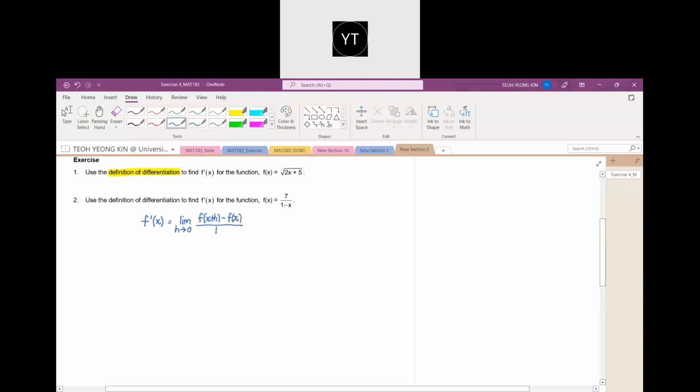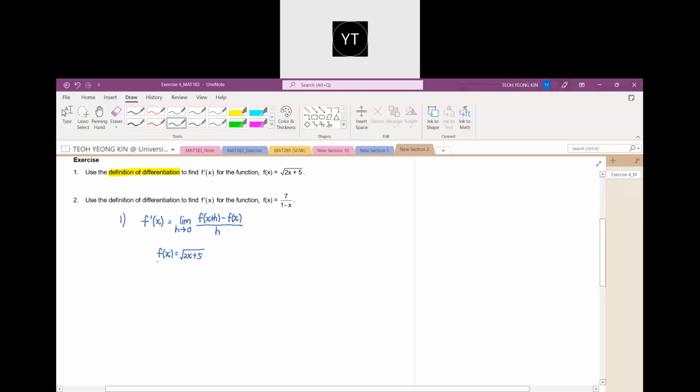So this is the formula. First, we find f(x plus h), f(x), and then over h. So f(x) is given, which is equal to square root of 2x plus 5. So this is question number 1.